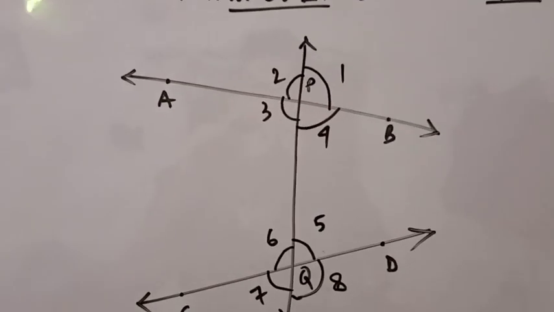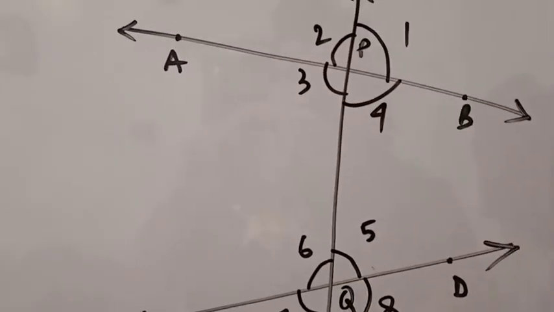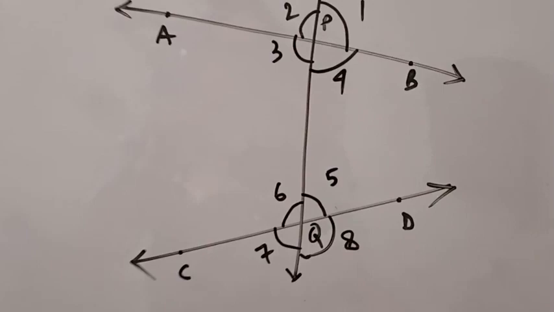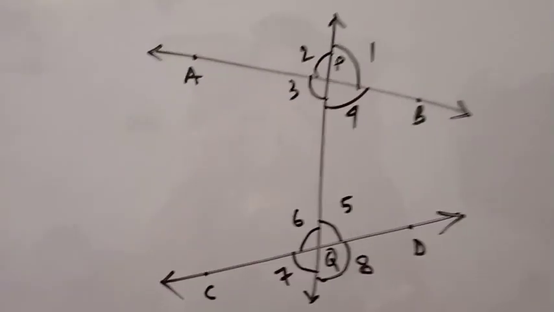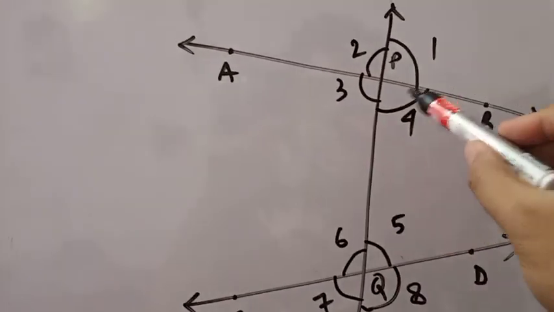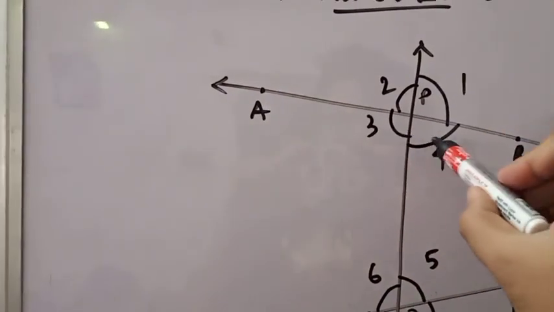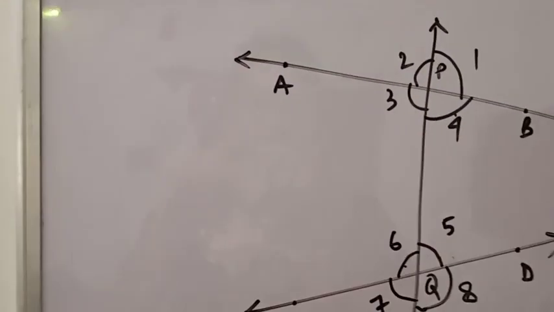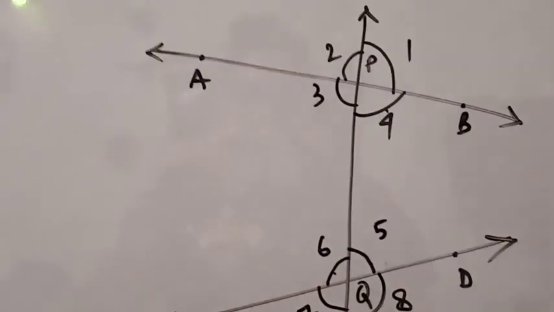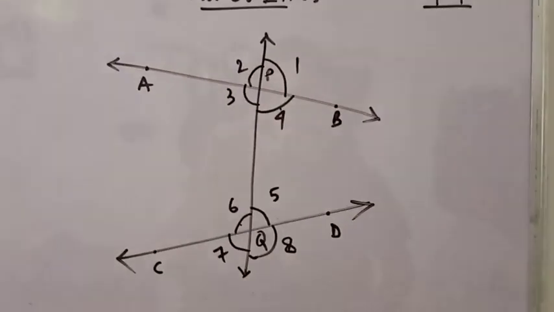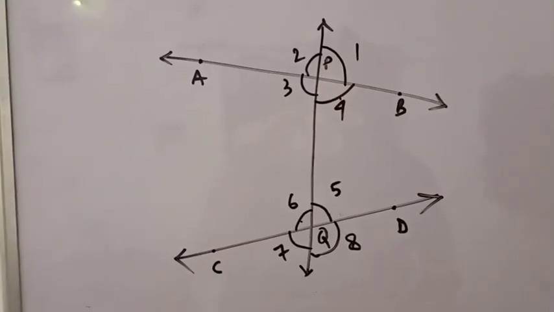Interior means inside. So in the figure, these four angles are interior: 3, 4, 5, 6.